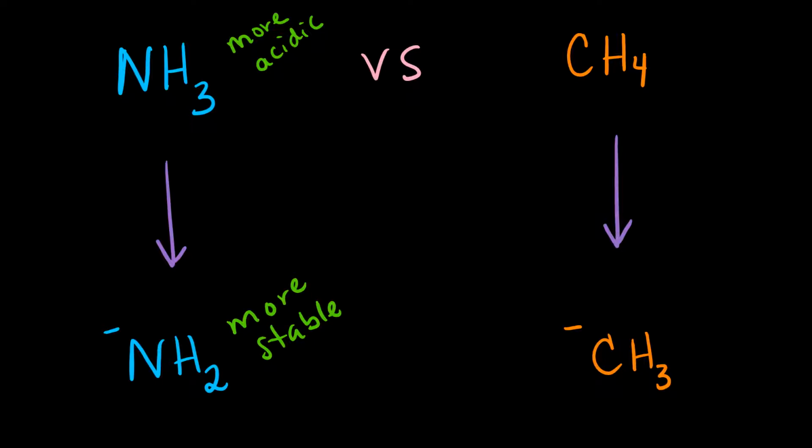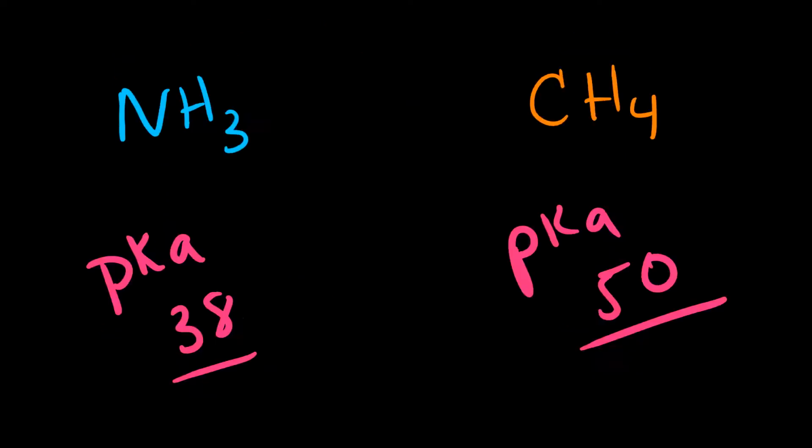That means that NH3 is more acidic. It's more likely to lose its proton and to form its conjugate base than is CH4. And if you were to check pKa values, you would indeed see that the pKa of NH3 is 38, while the pKa of CH4 is 50. So clearly NH3 is quite a bit more acidic than is CH4.